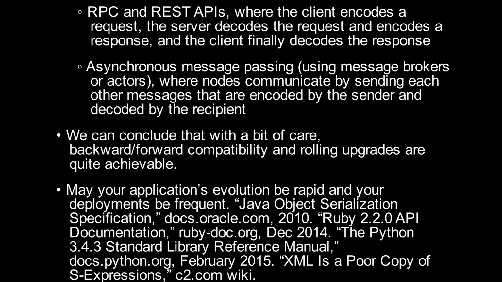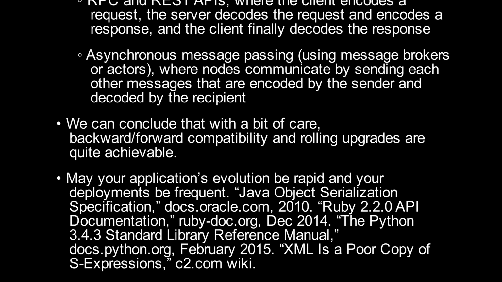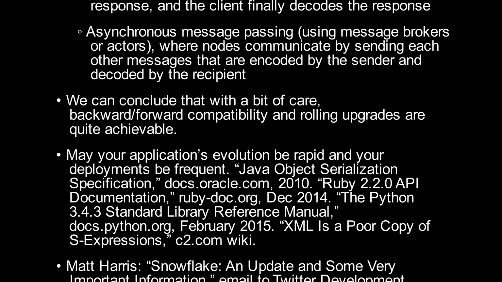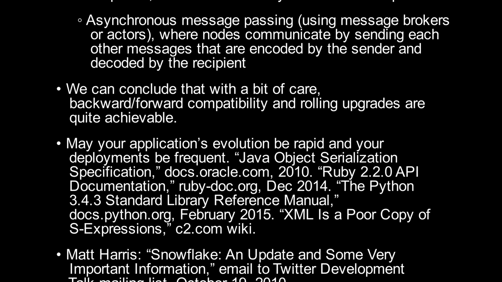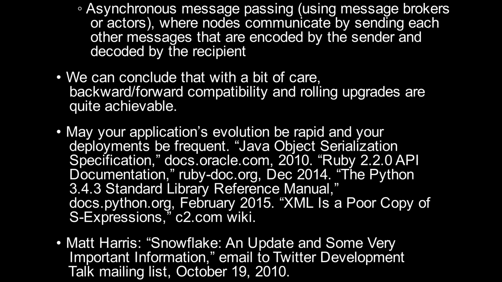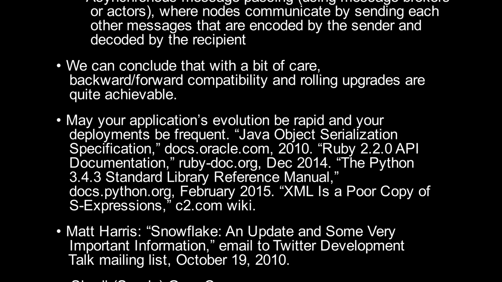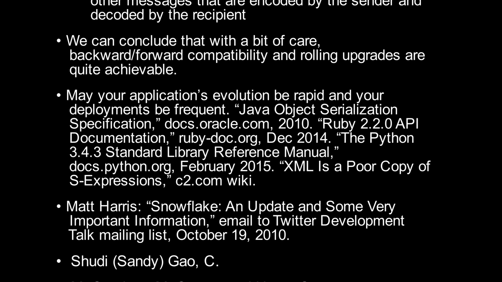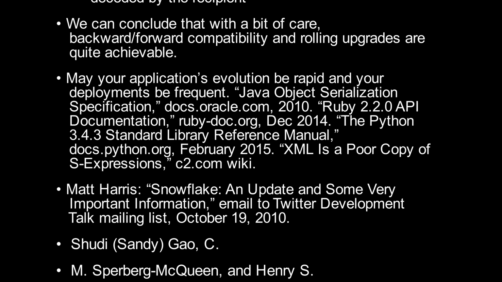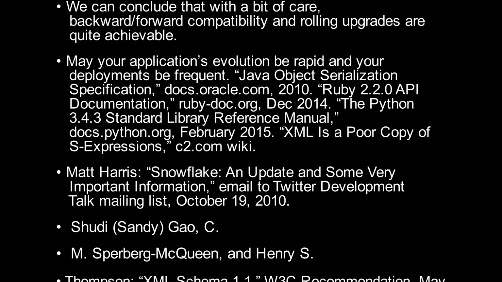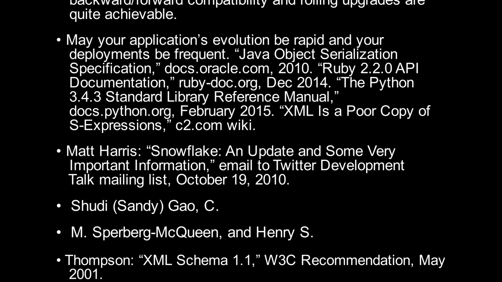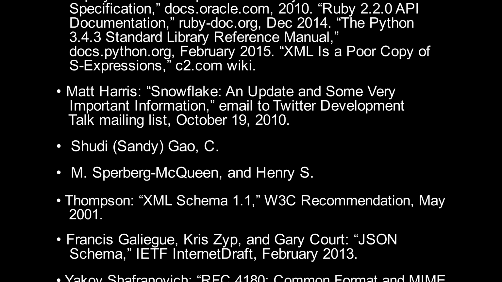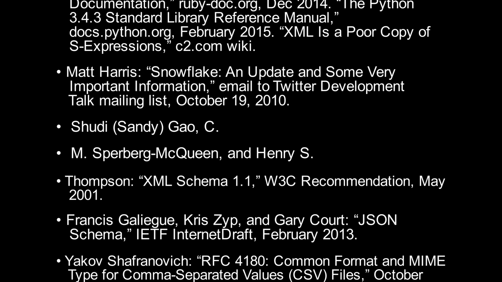Java Object Serialization Specification, docs.oracle.com, 2010. Ruby 2.2.0 API Documentation, rubydoc.org, December 2014. The Python 3.4.3 Standard Library Reference Manual, docs.python.org, February 2015. XML is a poor copy of S-expressions, C2.com Wiki. Matt Harris, Snowflake: An update and some very important information, email to Twitter Development Talk mailing list, October 19, 2010. Sperberg-McQueen and Henry S. Thompson, XML Schema 1.1, W3C Recommendation, May 2001.